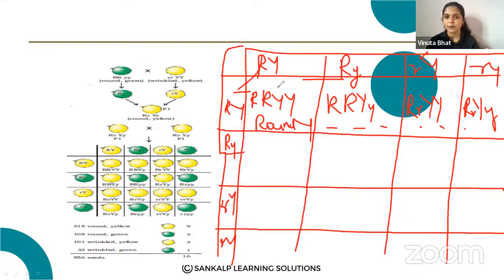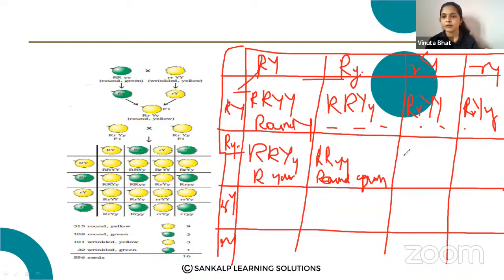Next, so this gamete, capital R, here, capital Y, small y. Okay, so this is also round yellow. Next, capital R, but here small y, small y. Small y means round green seeds. Okay.